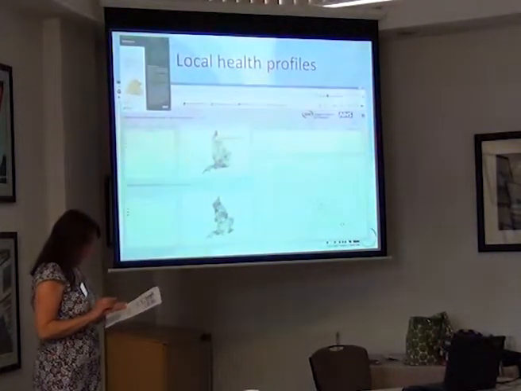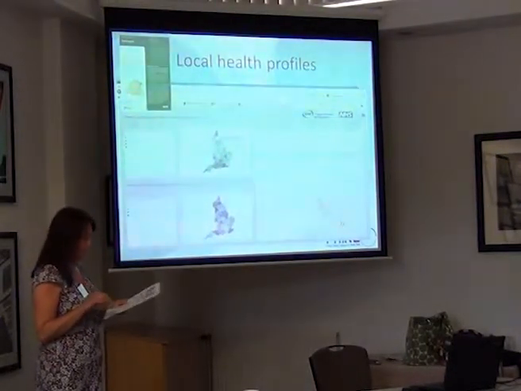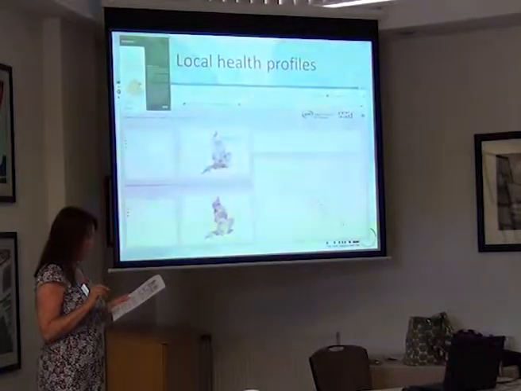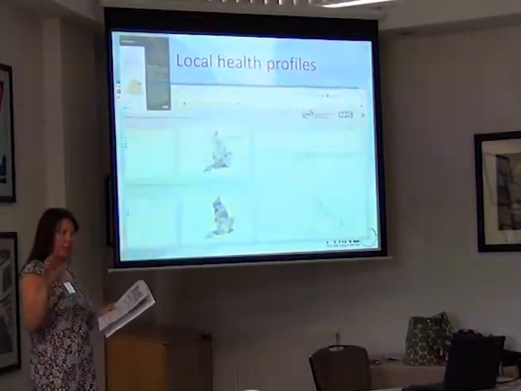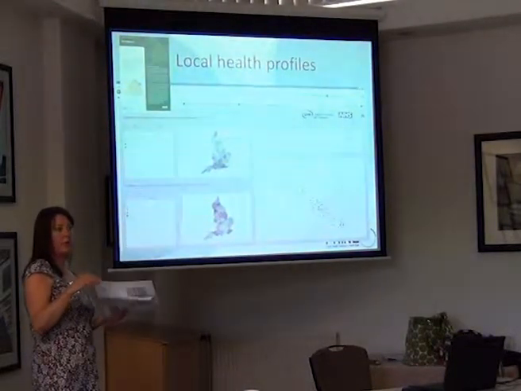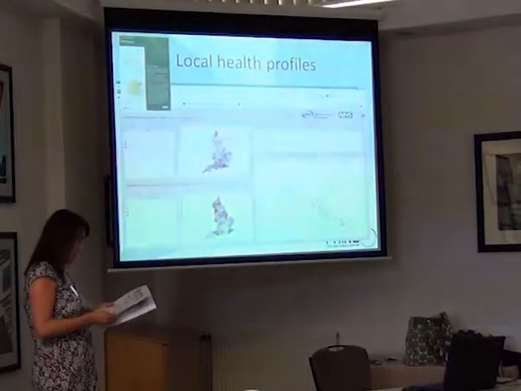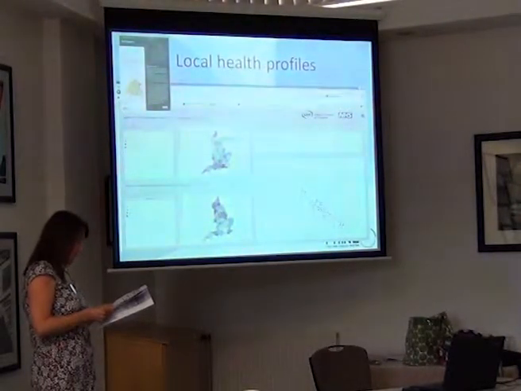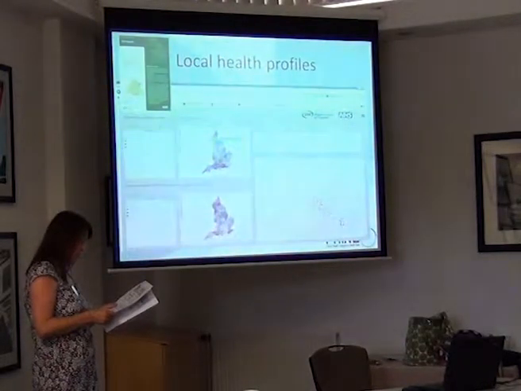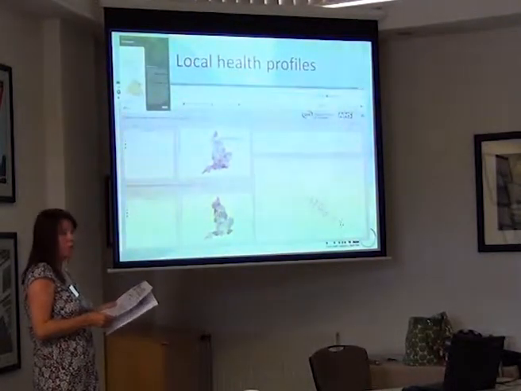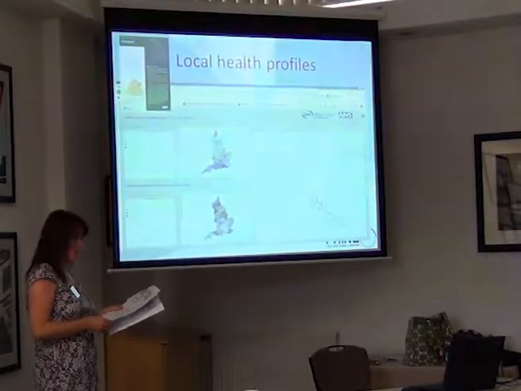There have been a couple of changes in health profiles this year. On page 2, they used to look at quintiles of deprivation and life expectancy for each quintile, and now they're looking at the slope index of inequality, which is just a slightly more accurate way of doing things. There's a new chart on page 3 which looks at hospital admissions that were emergencies by ethnic group, and that replaces educational attainment by ethnic group.